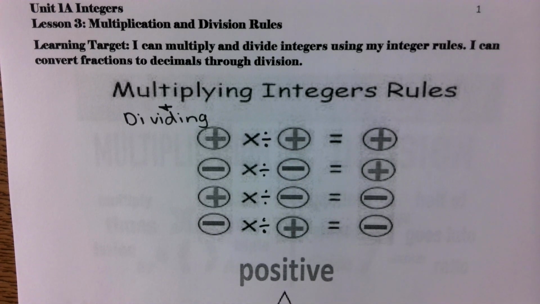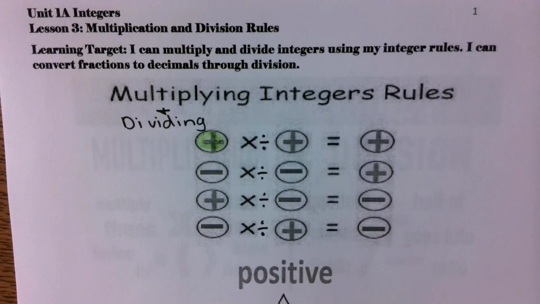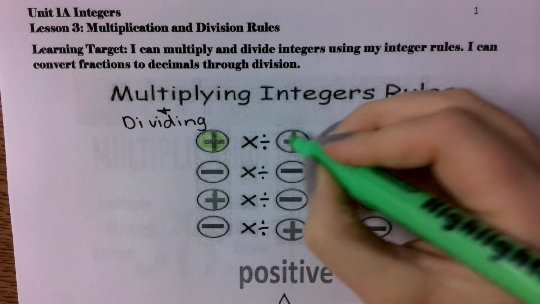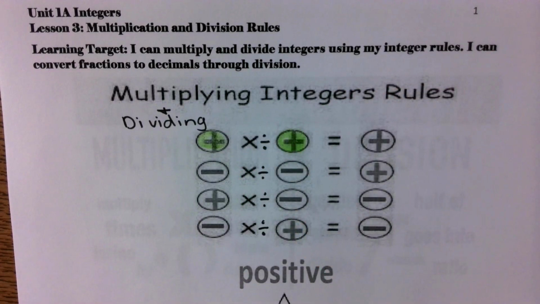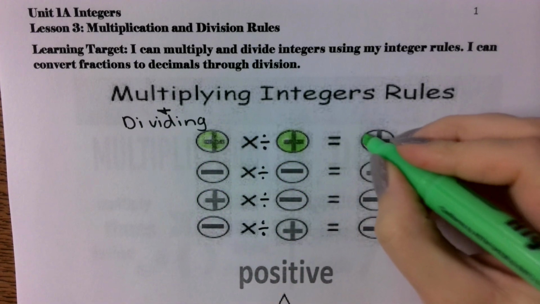So what we're stating here is if you are dealing with a positive and you are multiplying or dividing by another positive, you guys already know this. You've dealt with this since you were in elementary school. When you multiply positives together, it gives you a positive.